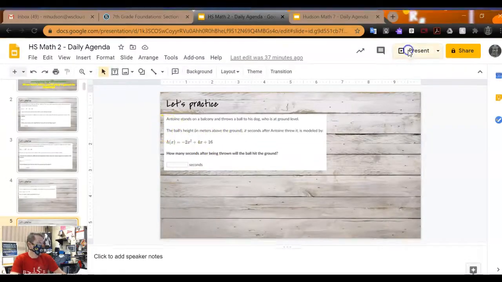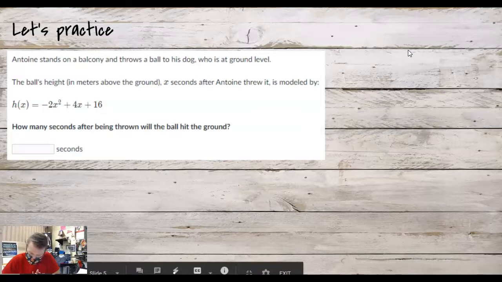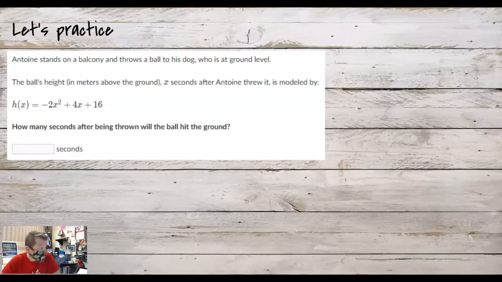H of x. If we just want to factor it, we can pull the negative 2 out first if we want.